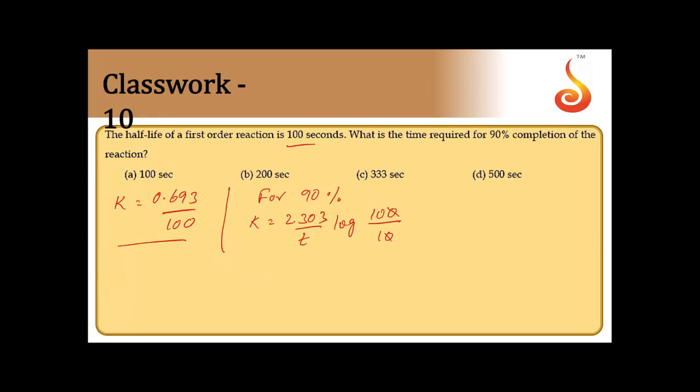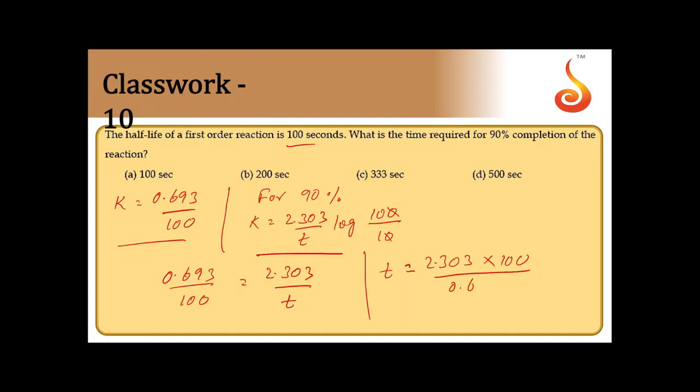Now equating equation 1 and equation 2, 0.693 by 100 is equal to 2.303 by T. That implies T is equal to 2.303 into 100 divided by 0.693. This comes to approximately 332. The answer comes to option C.